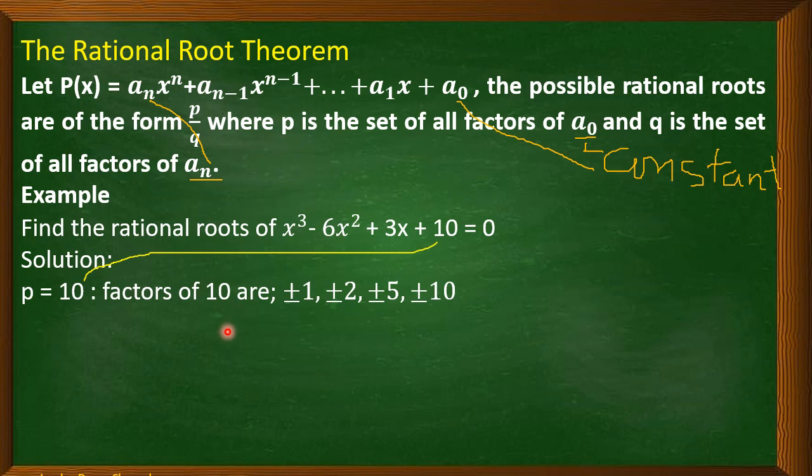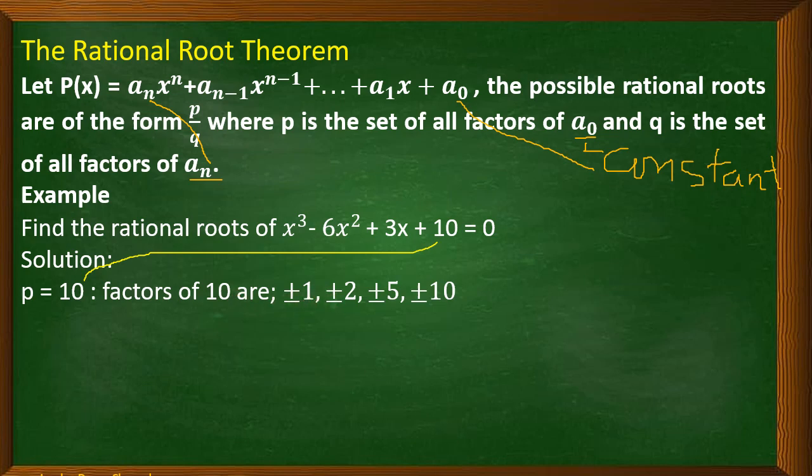The factors of 10 are 1 and 10: 1 times 10 or negative 1 times negative 10 gives 10. You also have 2 times 5 or negative 2 times negative 5, which also gives 10.